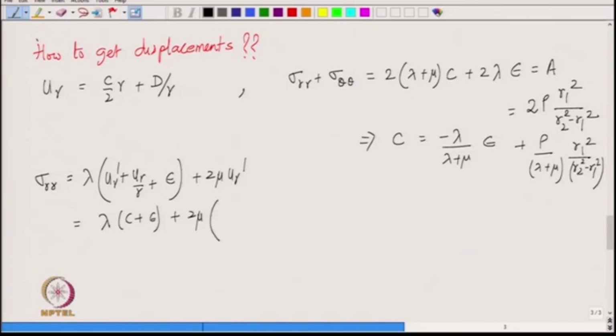So, this becomes c by 2 minus d by r square, right.